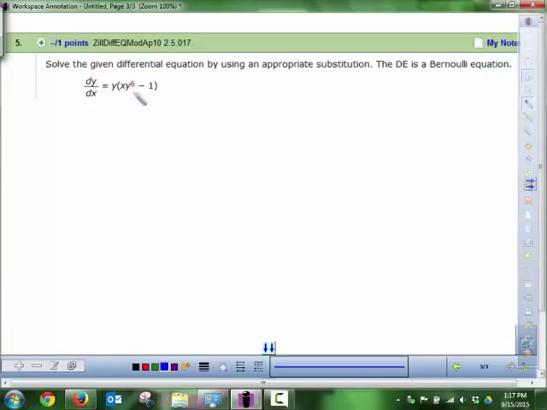So if we distribute the y's, x y to the 7th minus y, and then bring the y term over to the other side, dy/dx plus y is equal to x times y to the 7th. Now you are looking at the Bernoulli form.